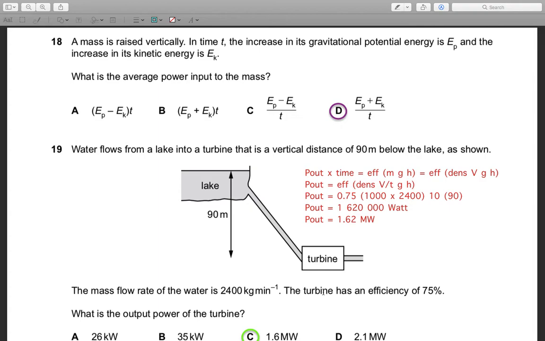The energy is the sum of the potential and kinetic energy, and we divide it by time. So the correct answer is D: EP plus EK, or potential energy plus kinetic energy, divided by time.